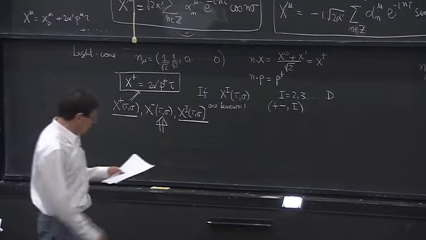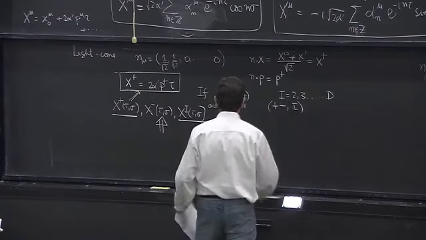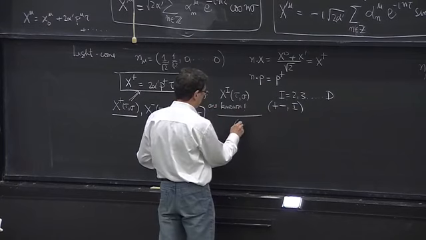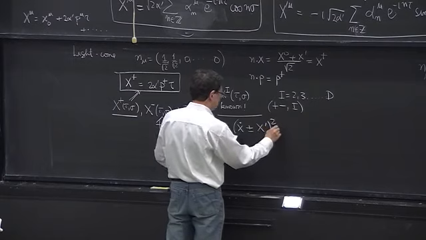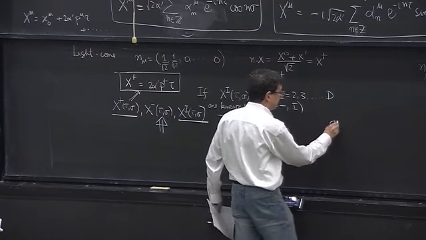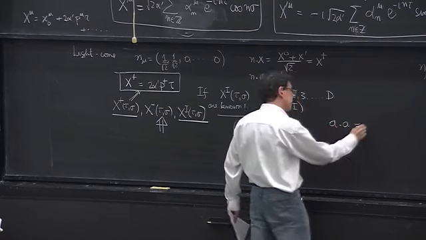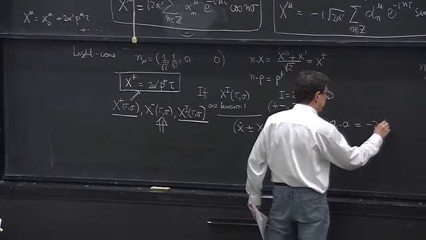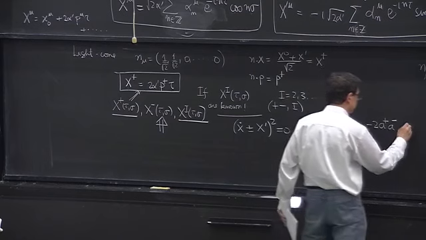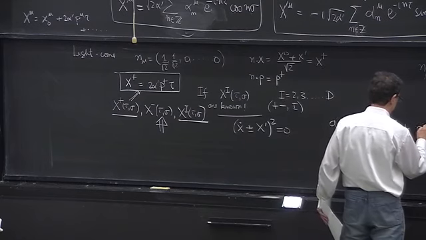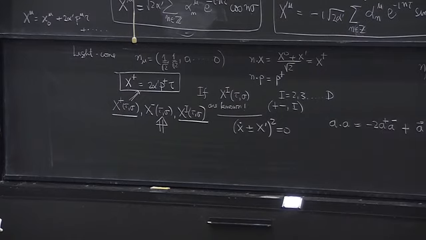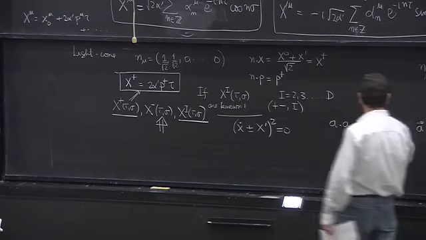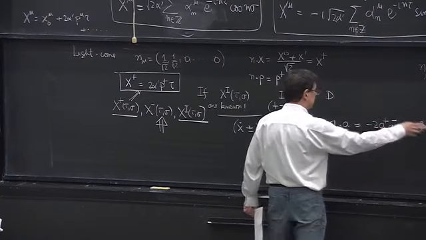So, how do the constraints look? Our constraints are x dot plus minus x prime squared is equal to 0. Remember, if you have a dot a, that's minus 2 a plus a minus plus a vector dot a vector, the vector component of a. Our light cone metric is minus for plus minus, minus for minus plus, and that's this.